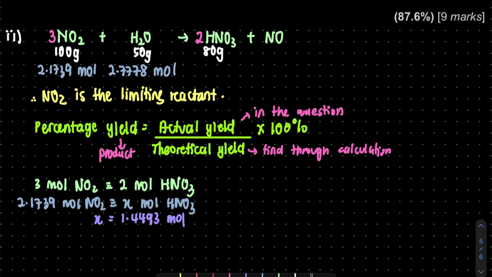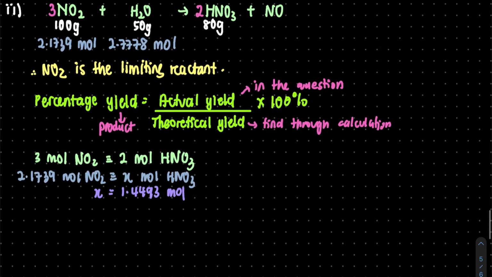But then again, since the question already gave the actual yield as 80 gram, the theoretical yield must be in gram. But right now, what we have is in mole. So how to change from mole to gram? Based on the formula, number of mole is equal to mass divided by molar mass.